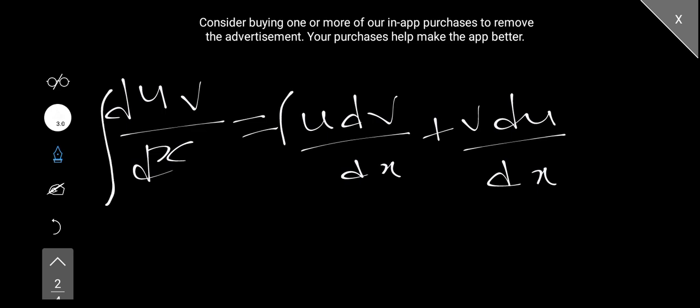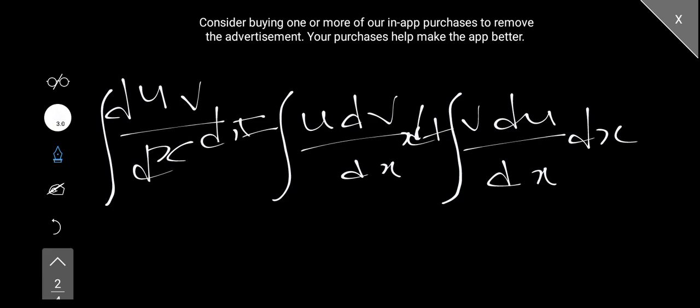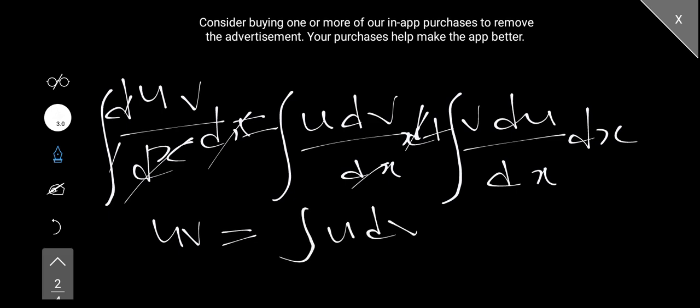When you introduce integrals, you have to put dx. So this dx will cancel out, and you remain with an integral of u dv plus integral of v du.